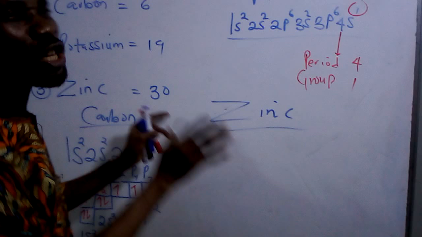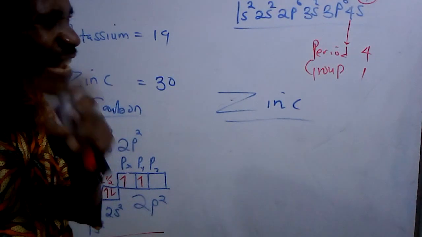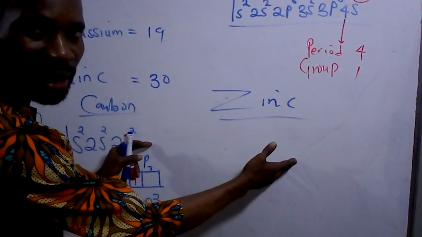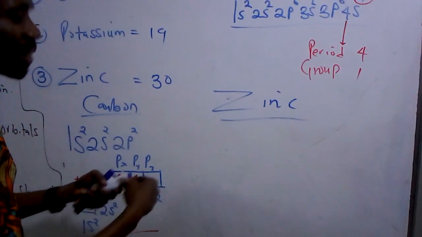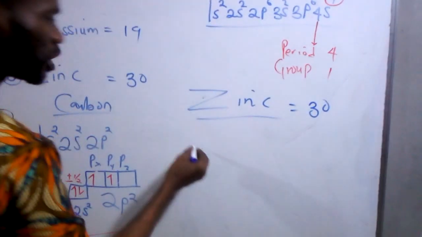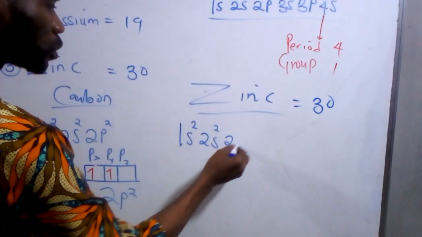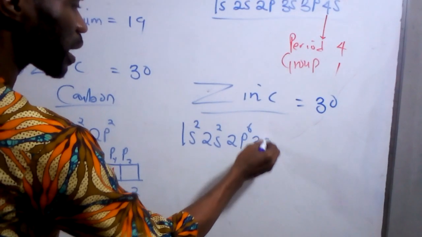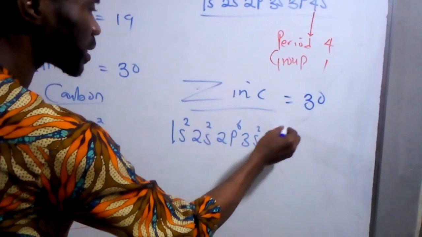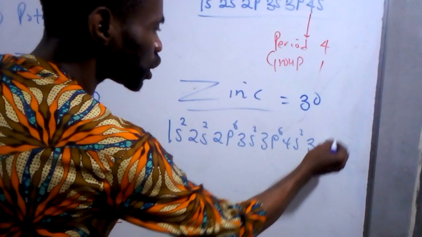The reason why they show these different colors is because of their incompletely filled d orbital. But for zinc, take a look at zinc with atomic number 30. You see it as 1s2, 2s2, 2p6, 3s2, 3p6, 4s2, and 3d10.